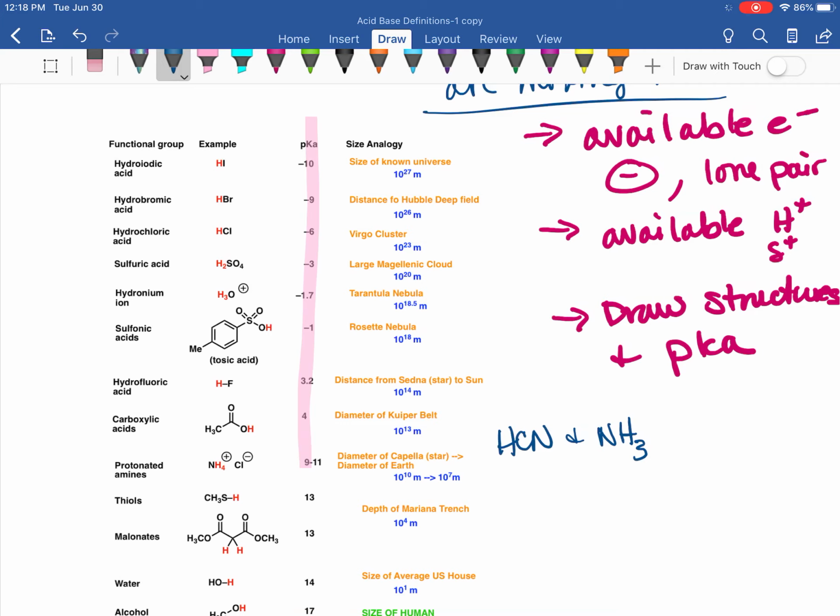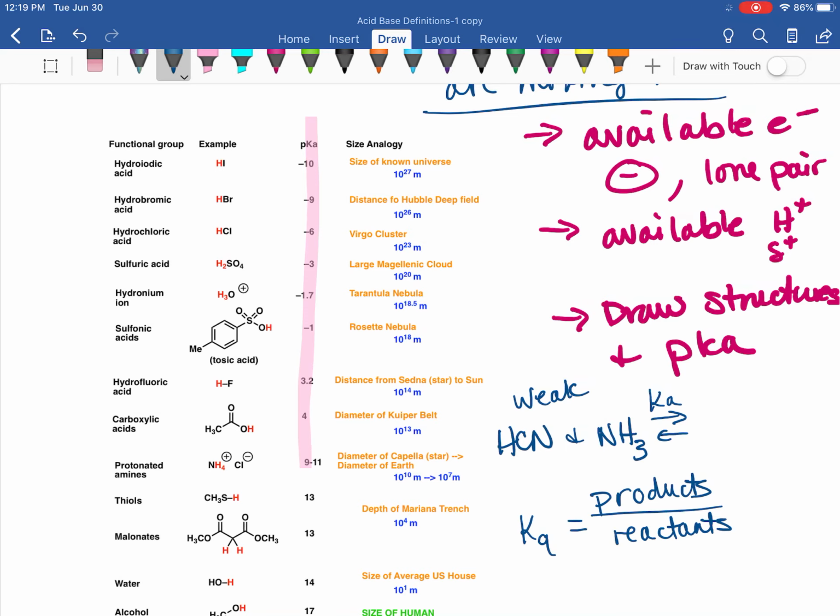Everything else was a weak acid or a weak base, and you put those in an equilibrium reaction. So the reason we use a Ka then is that we're judging how much this reaction happens. So it is literally a ratio of your products over your reactants.